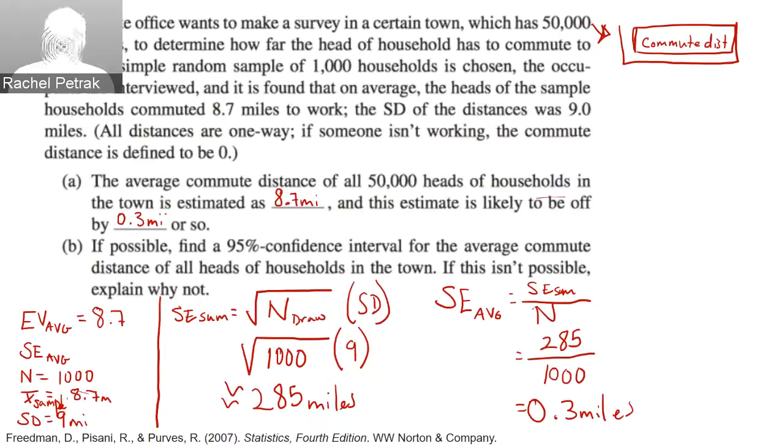If possible, find a 95% confidence interval for the average commute distances of all heads of households in the town. If it's not possible, explain why not. Well, what do we think? Is it going to be possible?